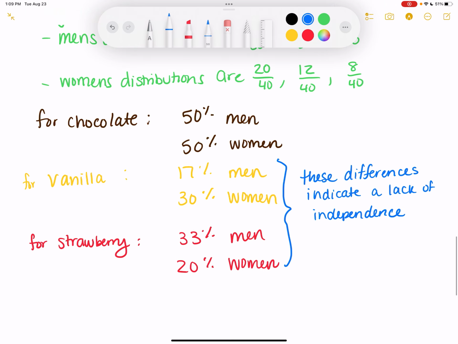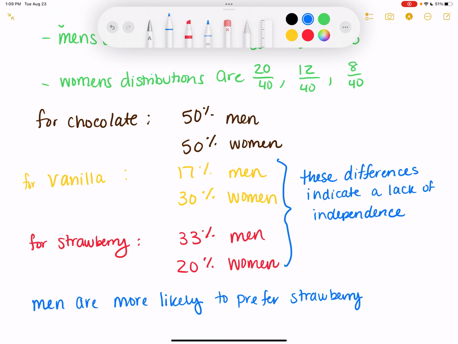And so if it asks you to write a conclusion about this, you would say that men are more likely to prefer strawberry than vanilla. Women are the reverse.